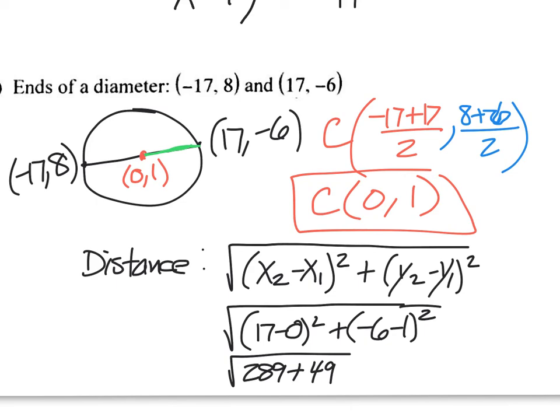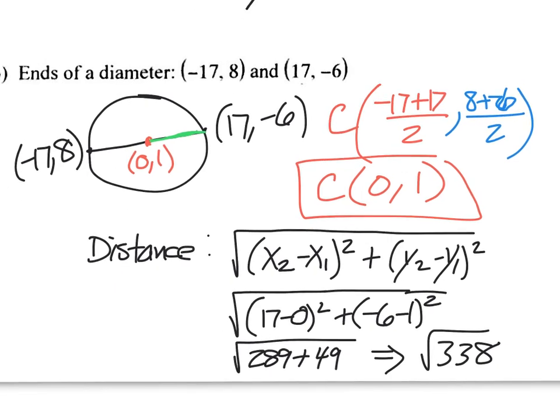And if I do that, I'm going to have to write this off to the side. It's the square root of 338. Now, you may want to take the square root of that, but don't. And here's why.